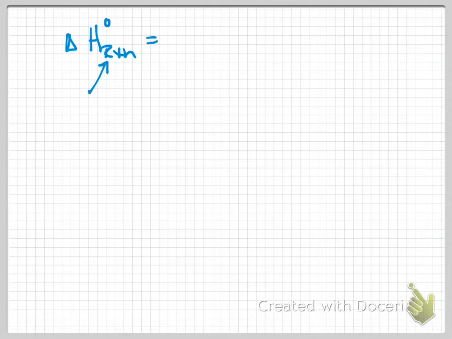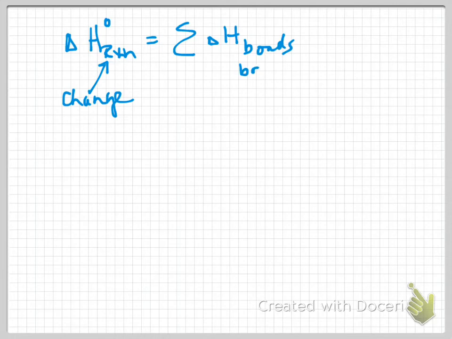And remember, this can change depending on whether you're talking about a specific reaction like combustion or neutralization, but those are all just changes in enthalpy. It's for a reaction. Sometimes they just are specific as to what reaction it means. But the delta H of the reaction, if we use bond enthalpy, is going to be the change in enthalpy of the bonds broken minus the change in enthalpy of the bonds formed.